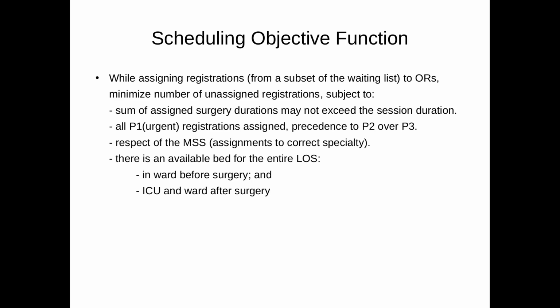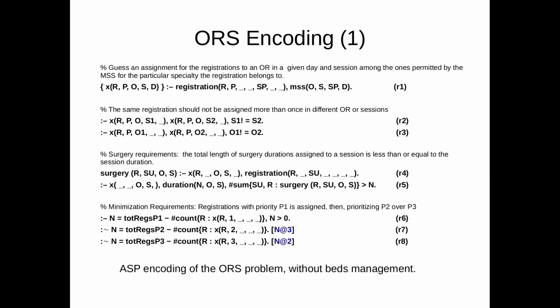ICU is a particular type of ward where patients from any specialty can come. So it's one ICU for all specialties. It's a generic ward, but the percentage of patients coming to the ICU is very small. So having the data model, we need an encoding to reason with the model.